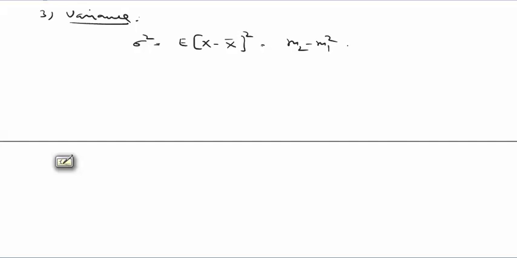Move to the next page. Third, variance. Variance is represented by sigma square, m2 minus m1 square.